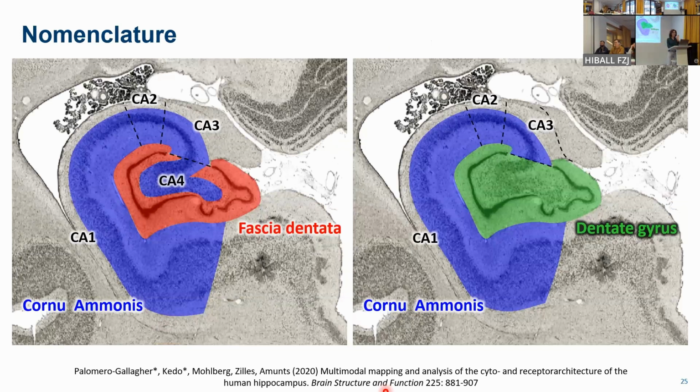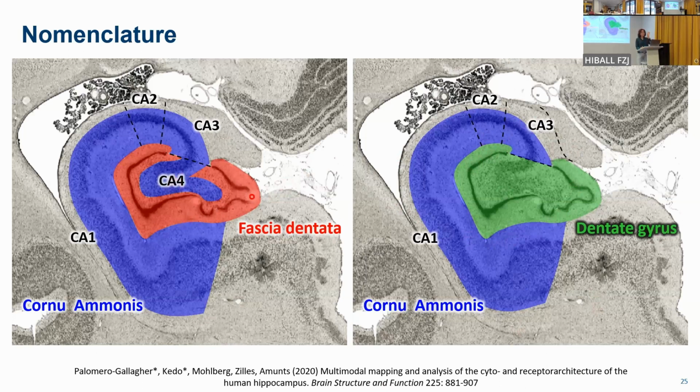Now, you might think that I'd finished with nomenclature issues, but no, there's another one. I've got to go into a bit more detail to be able to explain my following slide, and that is that within the dentate gyrus, right? I told you that the dentate gyrus is built when we merge the fascia dentata and the CA4 region.